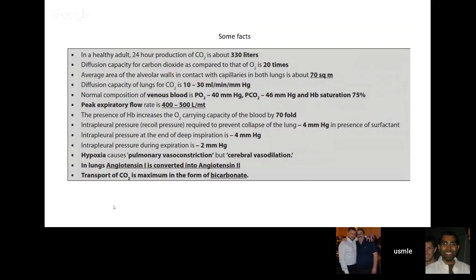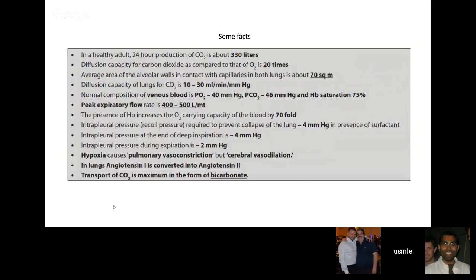If you don't have surfactant, the lungs are going to collapse. The intrapleural pressure at the end of deep inspiration is as well -4 millimeter mercury. This is something we're going to see as well, and how to calculate them.